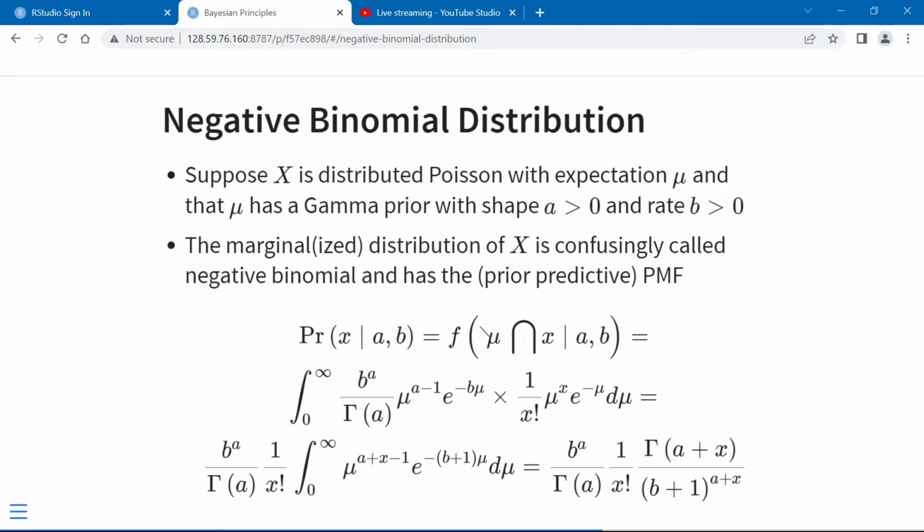So suppose that x is discrete, it's a count, and it's distributed Poisson with unknown expectation mu. And we have a gamma prior on mu with shape A and rate B. What is the marginalized distribution of x under our model, but irrespective of mu?